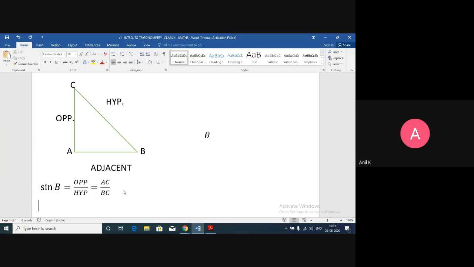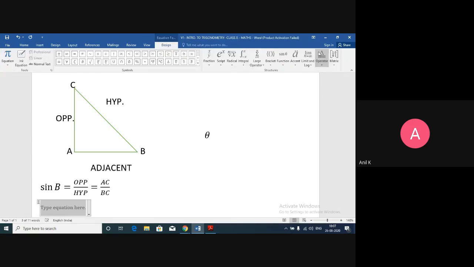If I go for the definition of cos B, the definition of cos B is adjacent upon hypotenuse. If you want to write in terms of ABC, then it will be AB upon BC.